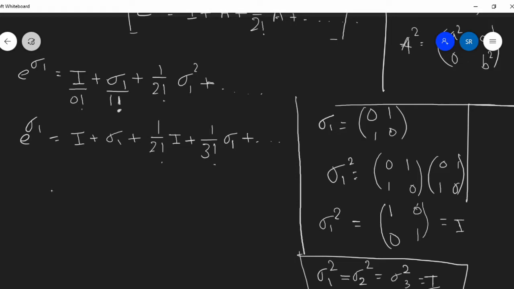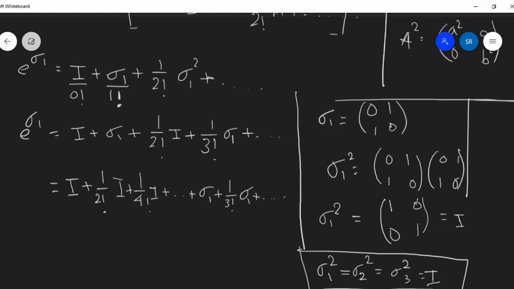Now, for simplicity, let's bring out all the i's to one side. So, I plus 1 by 2 factorial I plus 1 by 4 factorial I plus and so on, and sigma 1 plus 1 by 3 factorial sigma 2 plus and so on. Cool.